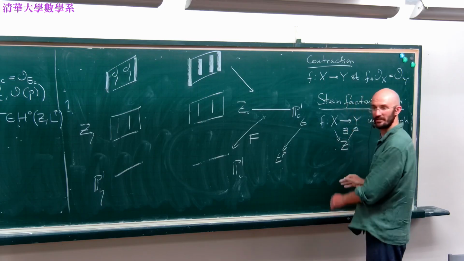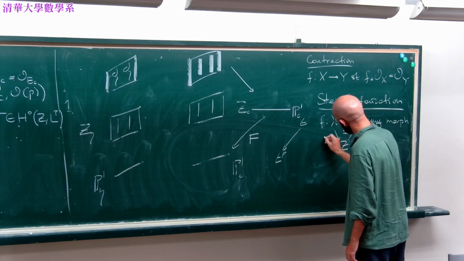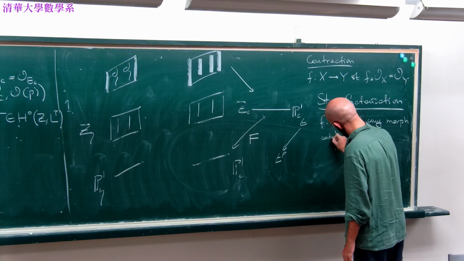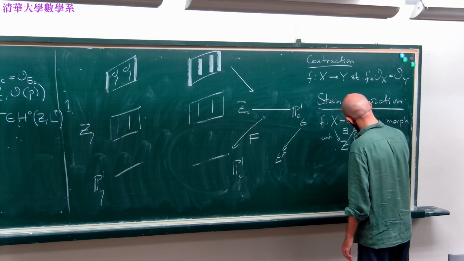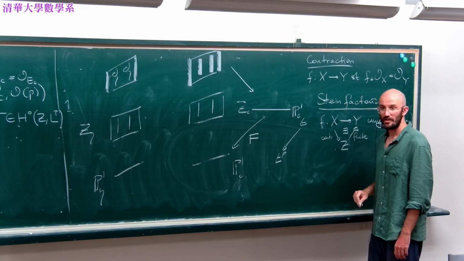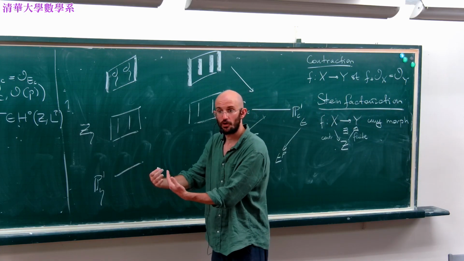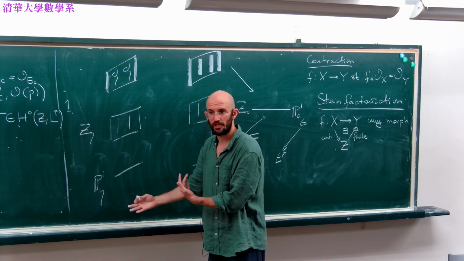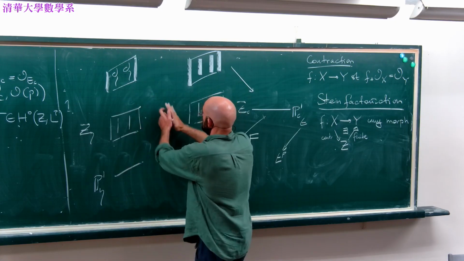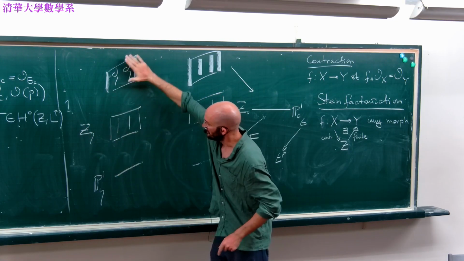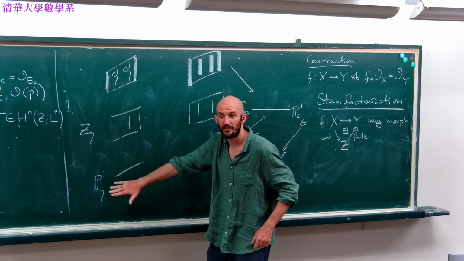There exists a factorization, where this is a contraction, and this is finite. Forming the Stein factorization always commutes with flat base change. So that's why, since this whole thing is a contraction, it remains a contraction on the generic fiber.